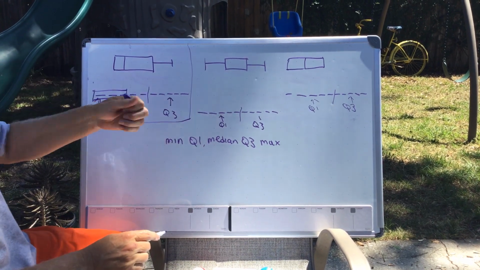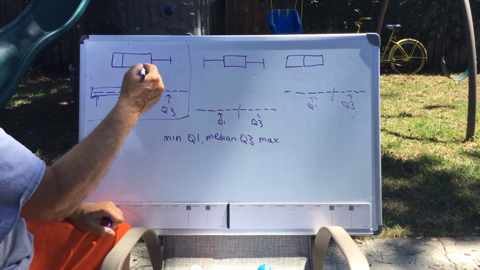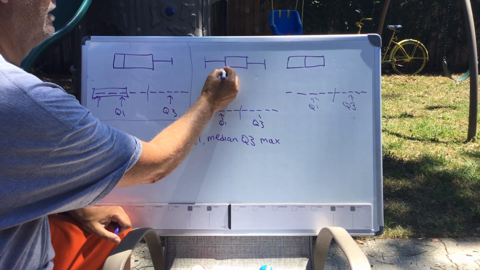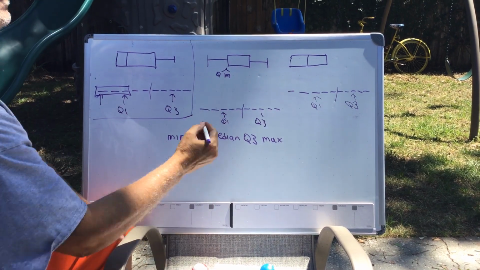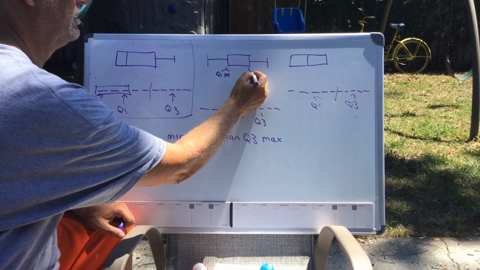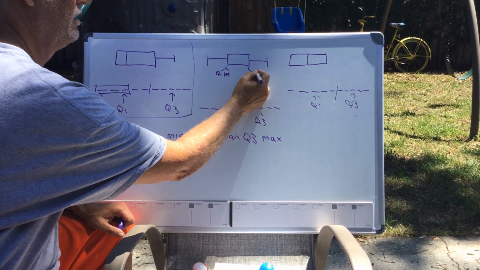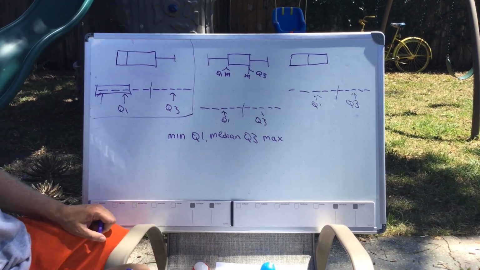The next one that's unusual, here we have no median. All that tells us is that Q1 and the median are the same, or Q3 and the median are the same. You can pick whichever one you want.